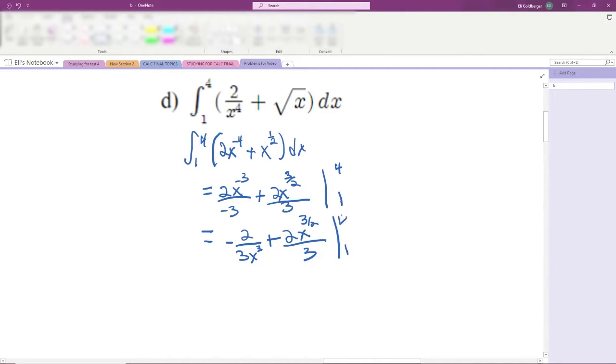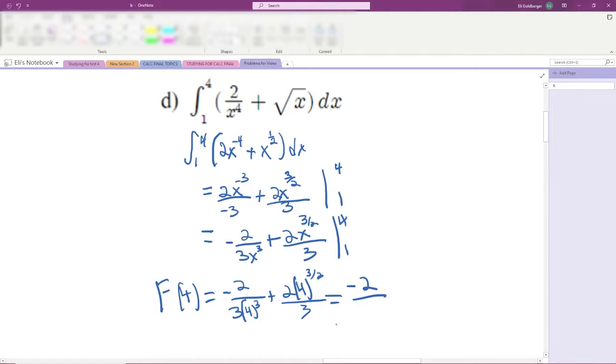Okay, so now f of 4 will equal negative 2 over 3 times 4 cubed plus 2 times 4 to the 3/2 over 3, which is just, okay, if we simplify this, this can be negative 2 over, so 4 times 4 is 16, times 4 is 64, so 3 times 64 on the bottom right there, plus 2 times 3, 4 to the 3 halves is just 8.